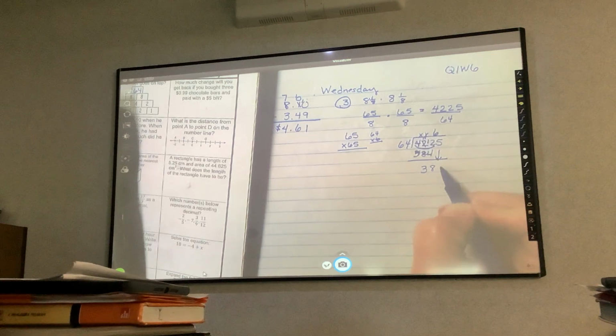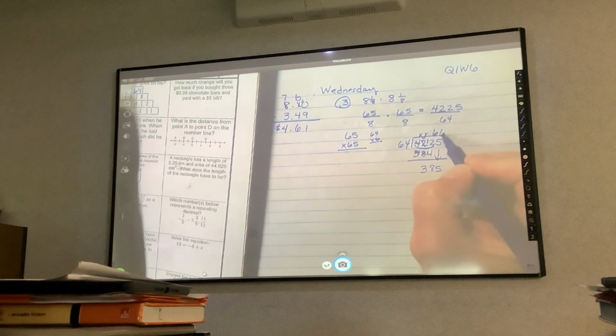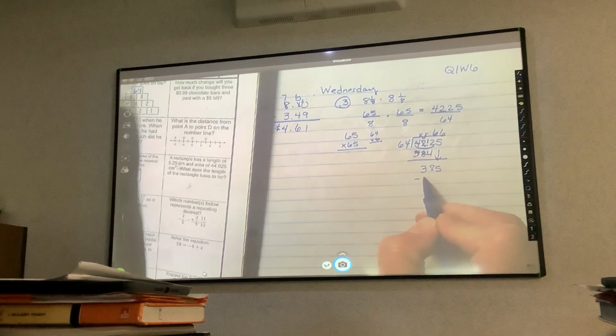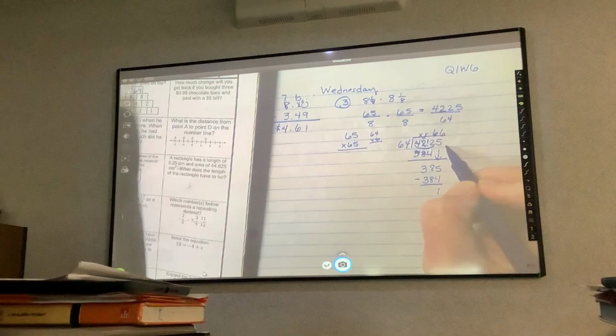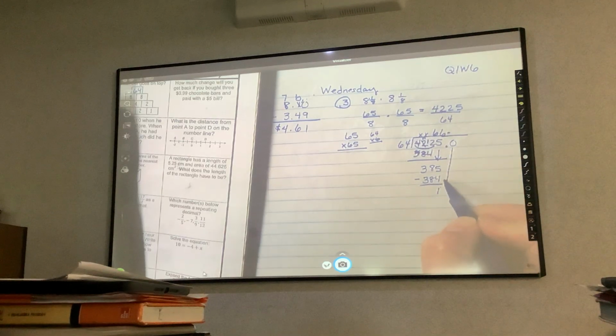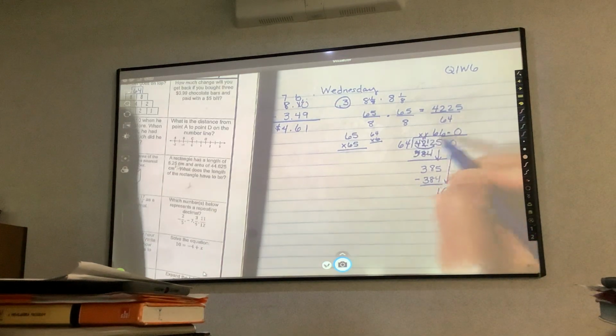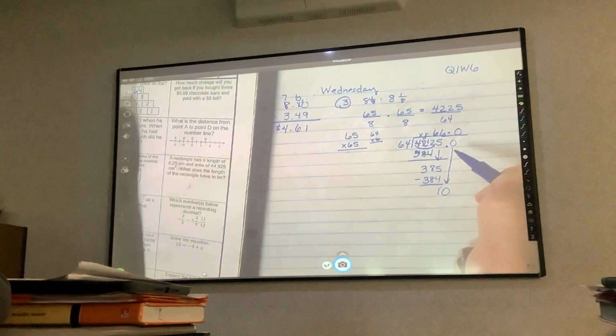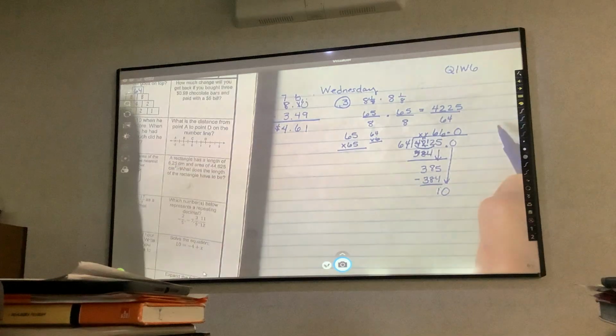Bring down my 5. It goes in there 6 times. Again, right? 1 left. Add a decimal, add a 0, bring it down. Does it go into 6? Does it go into 10? No. Can I stop there? Yes, because it says round to the nearest whole number, right? So one side, the area is 64.